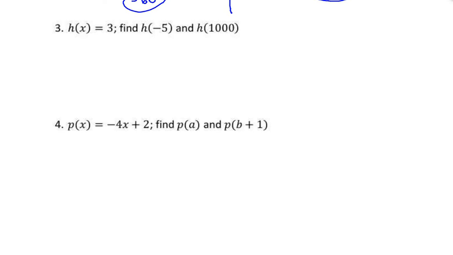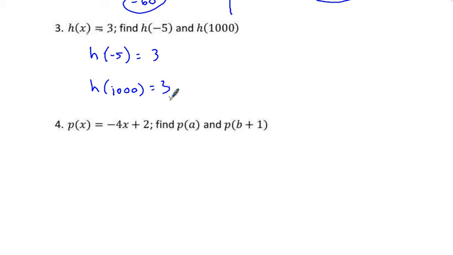Example 3 now gives us the function h of x equals 3. So h of negative 5 equals 3, and there's no x on the right side of this equation for us to substitute a negative 5 into. So h of negative 5 equals 3, and the same point, h of 1,000 equals 3.